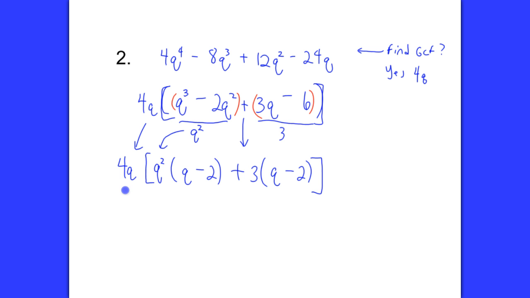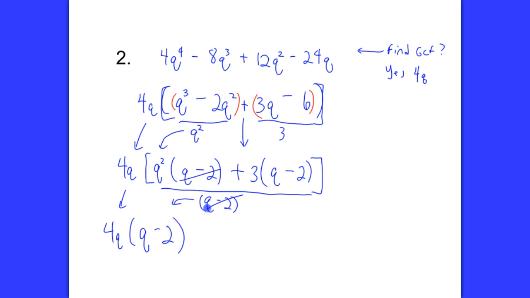Again, just leave 4q there. Don't forget about it. Times. Now you have this common factor of q minus 2 that comes out. So that goes in the front, q minus 2. And then it cancels out there, and you've got q squared plus 3 remaining.